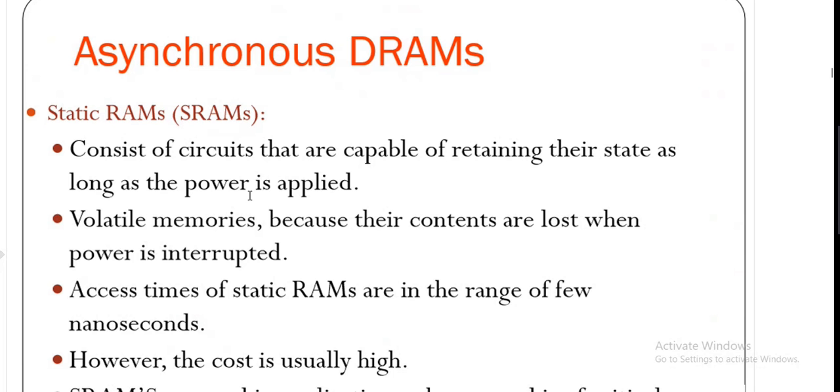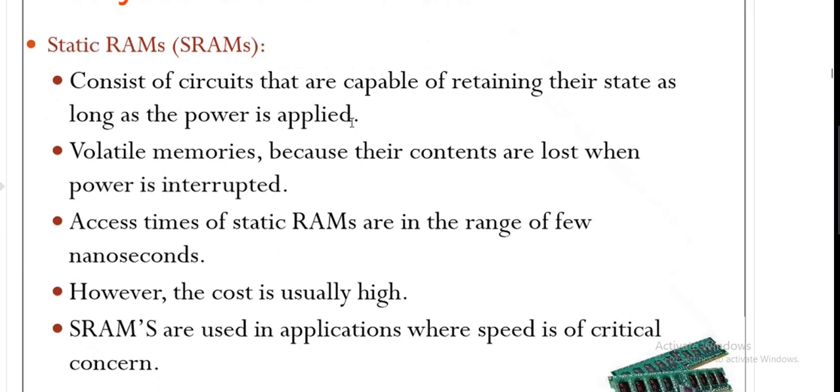In the case of asynchronous, you use the handshake protocol. That is, you use control signals to make communication or to exchange the data. Instead of using clock timing information to perform read and write, you use control signals. So now the same thing happens here.